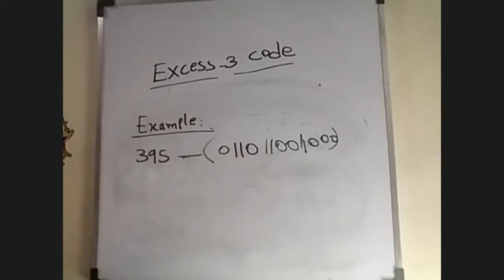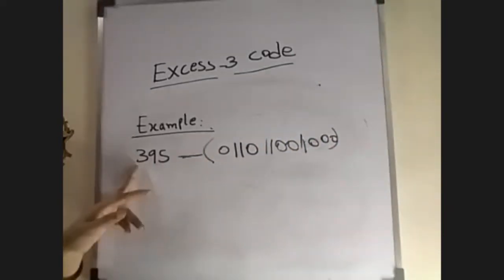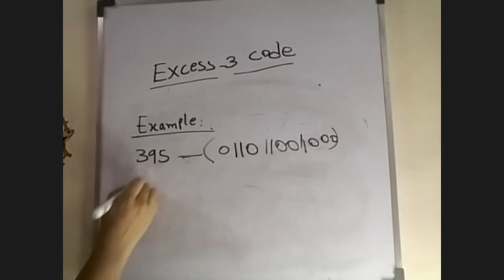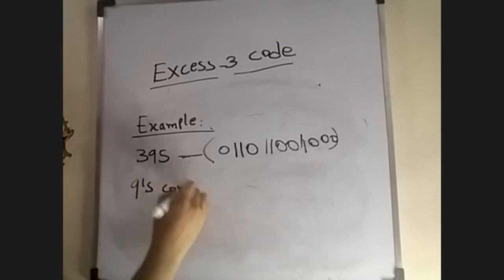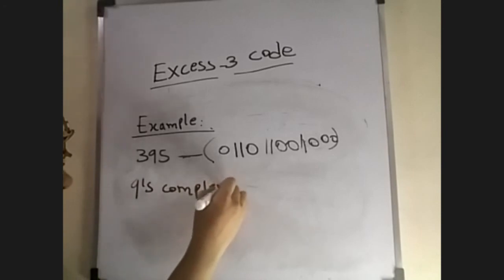Now, what is the self-complementing property here? What is the 9th complement of the decimal number 395?